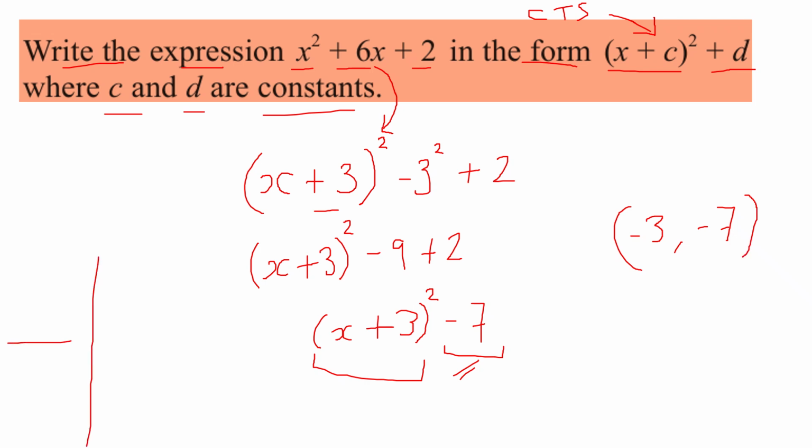As a rough sketch, if you're wondering what it looks like, it's minus 3, minus 7, somewhere down here. It's not actually perfect, but you get the idea, crossing at plus 2 on the y-axis, and that will be our turning point there. Again, it wasn't perfect, I apologize.